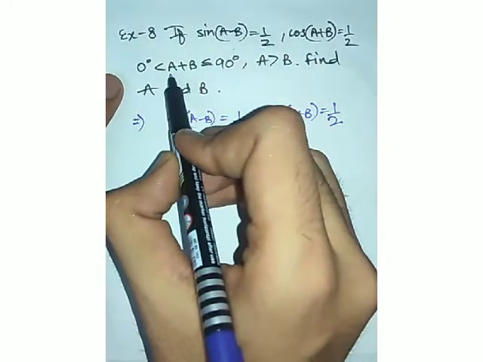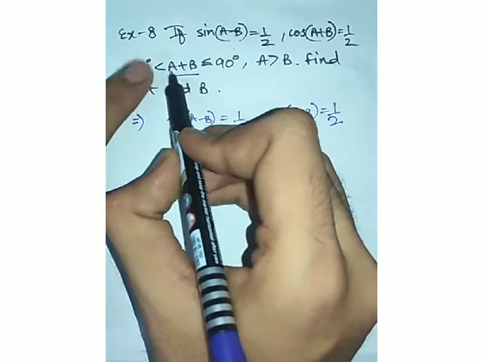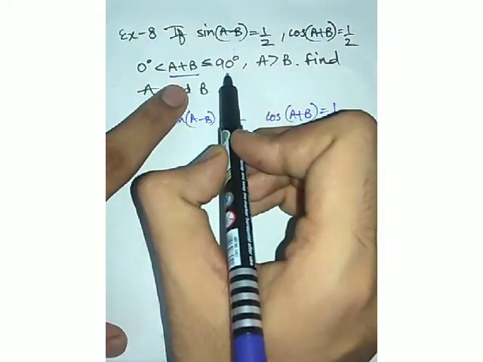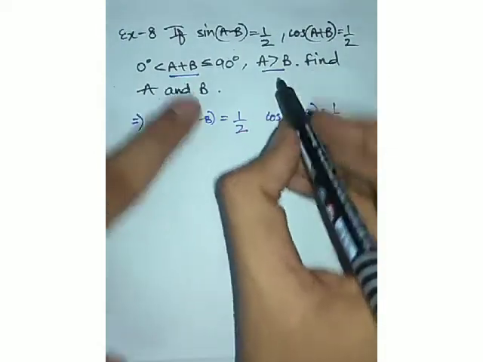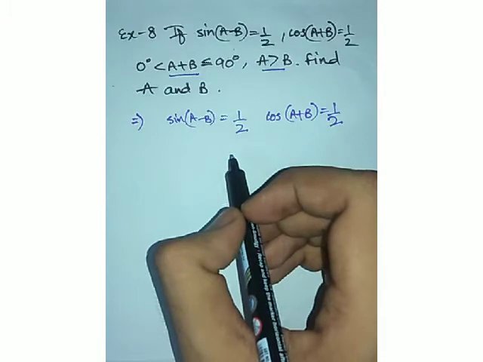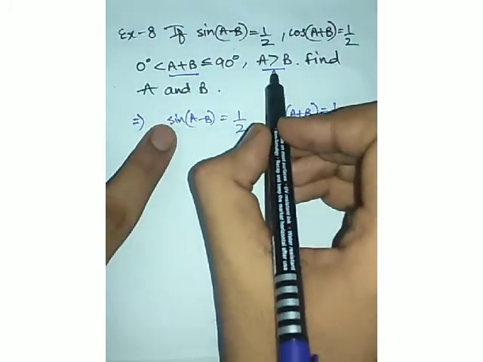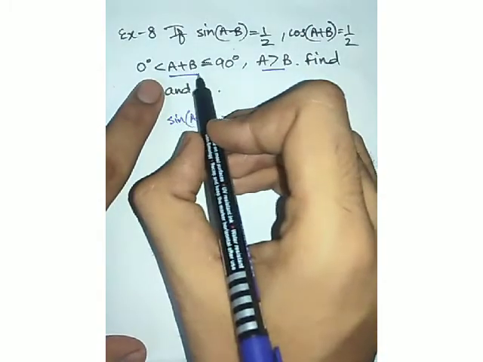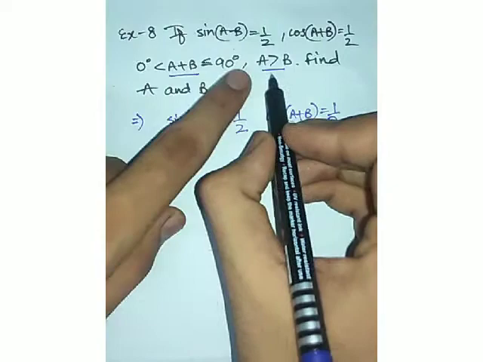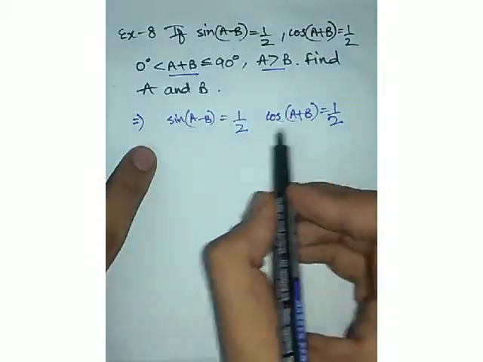The conditions are that A plus B must be greater than 0 and less than or equal to 90 degrees, and A must be greater than B. You can take these as a hint as well, because when you find the values of A and B, you should keep these facts in mind.